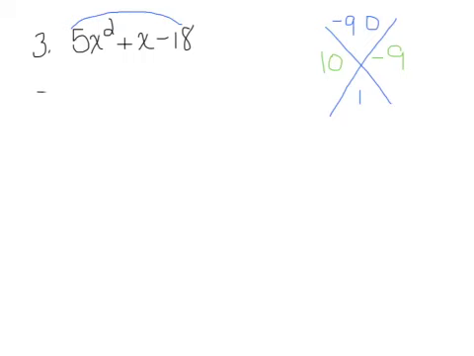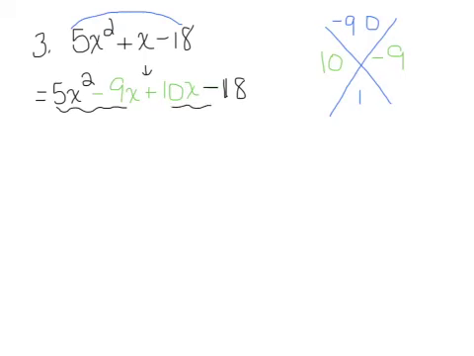So I'm going to write 5x squared plus x minus 18 as 5x squared minus 9x plus 10x minus 18. And I put the minus 9x first so that right here I will have a plus sign in the middle of the two groups that I'm going to have. Makes less of a chance I'll make a mistake.